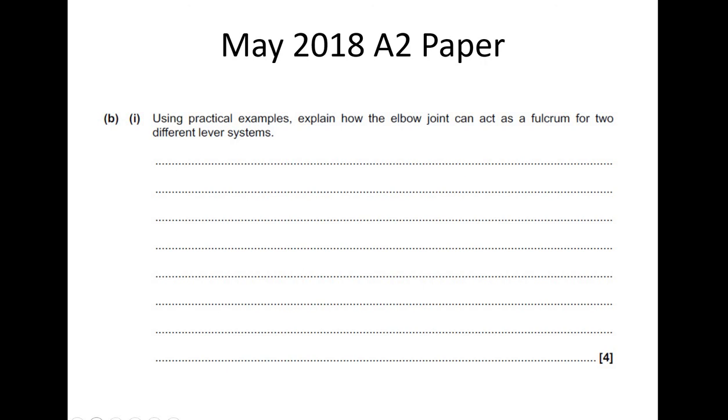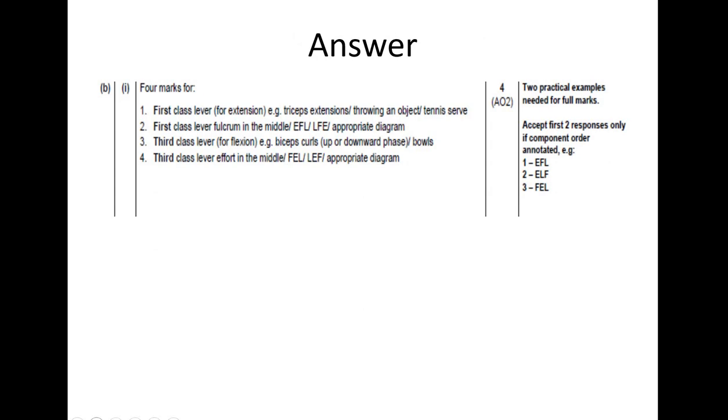Okay, so the answer. Using practical examples, explain how the elbow joint can act as a fulcrum for 2 different lever systems. Now we looked at this previously in the video, so you'll get 4 marks for these 4 points. You'd say a first class lever for extension movements and give the example of a triceps extension, or throwing an object, or a tennis serve where you're straightening your arm. And then you need to explain that the first class lever has the fulcrum in the middle, and then you can provide an appropriate diagram.